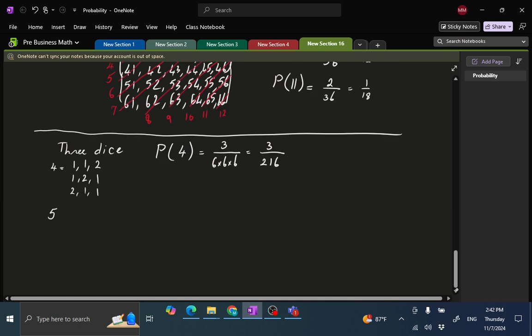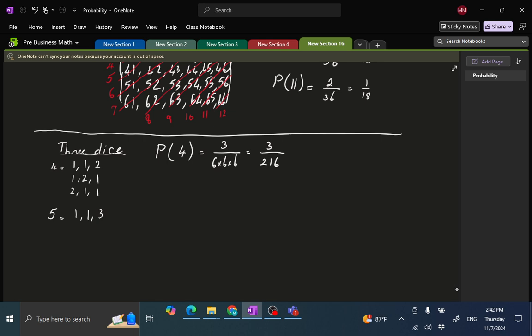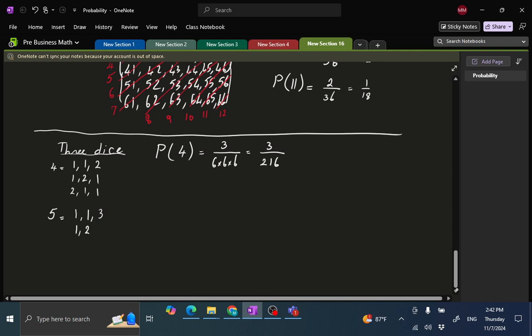How about a 5? How can you land a 5 if you throw 3 dice? Well, of course, you can get a 1 and a 1 and a 3. Is that right? That's a 5. Then, of course, you can get a 1 and a 2 and a 2. You can land 1 3 1, or 3 1 1.